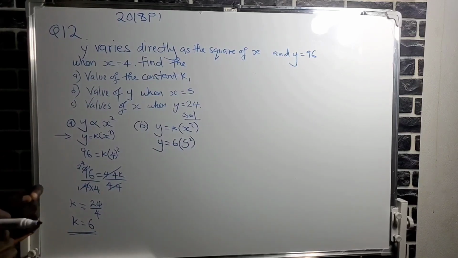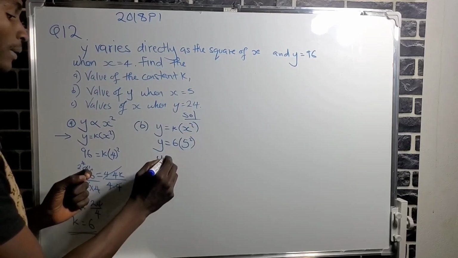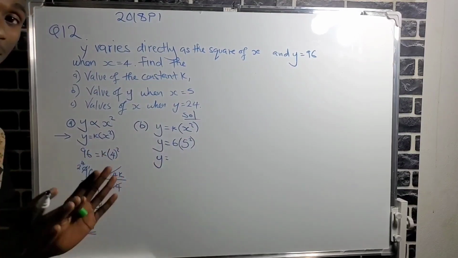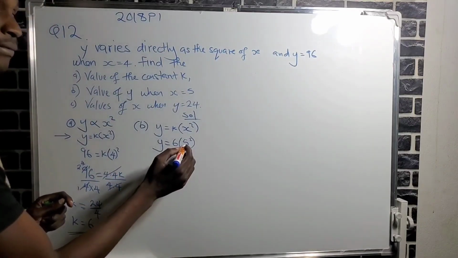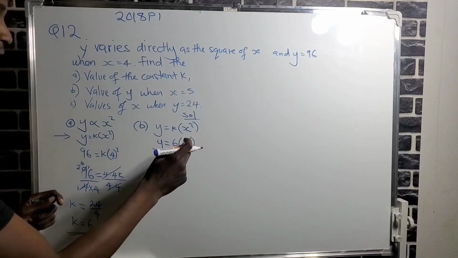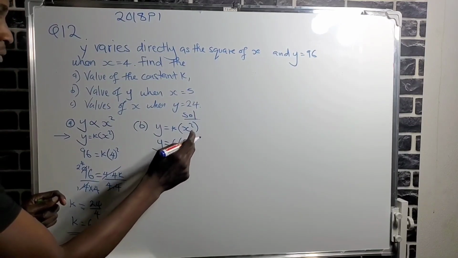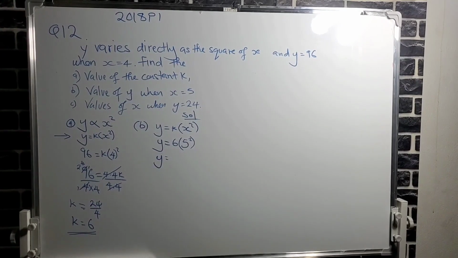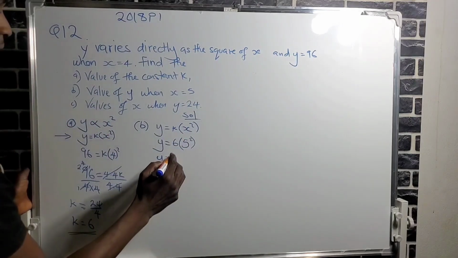Now, here, you should know that you can't multiply 6 times 5. Listen. Because this 5 is raised to the power, first deal with this, that's when you can come to this. 5 to the power of 2, which is 25.